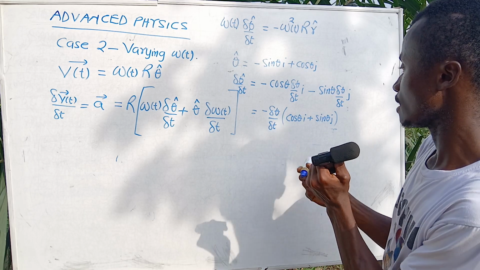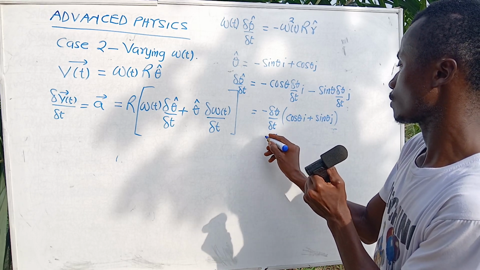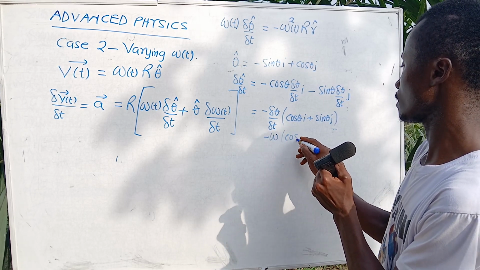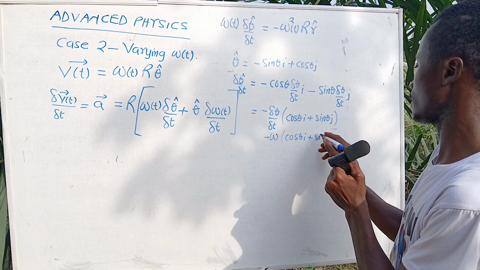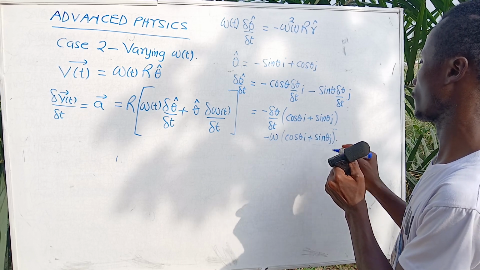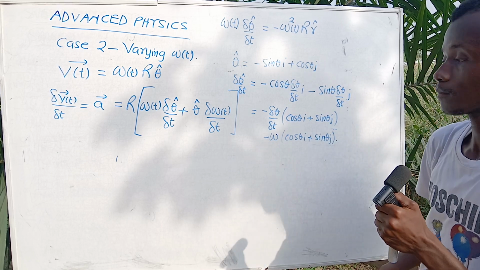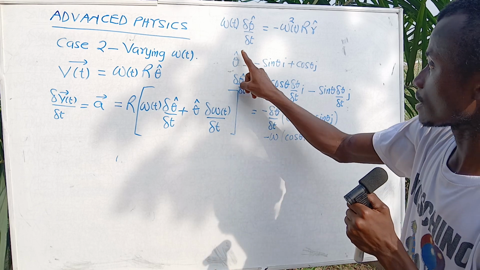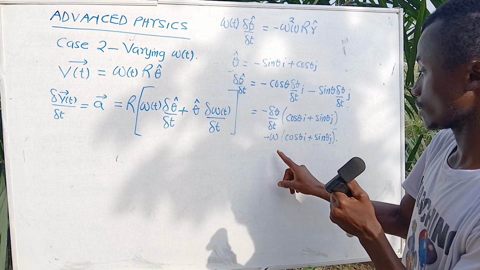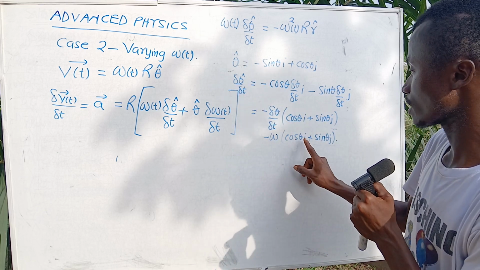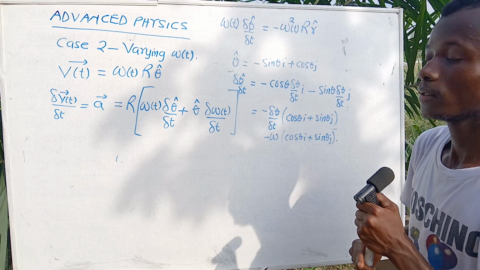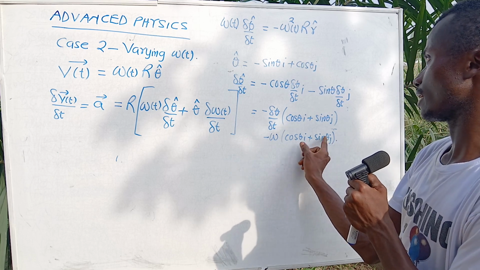But d theta dt is omega. So negative omega, cos theta i plus sine theta j. So the derivative of theta roof is negative omega, which is a function of time, into bracket cos theta i plus sine theta j. But cos theta i plus sine theta j is r roof.